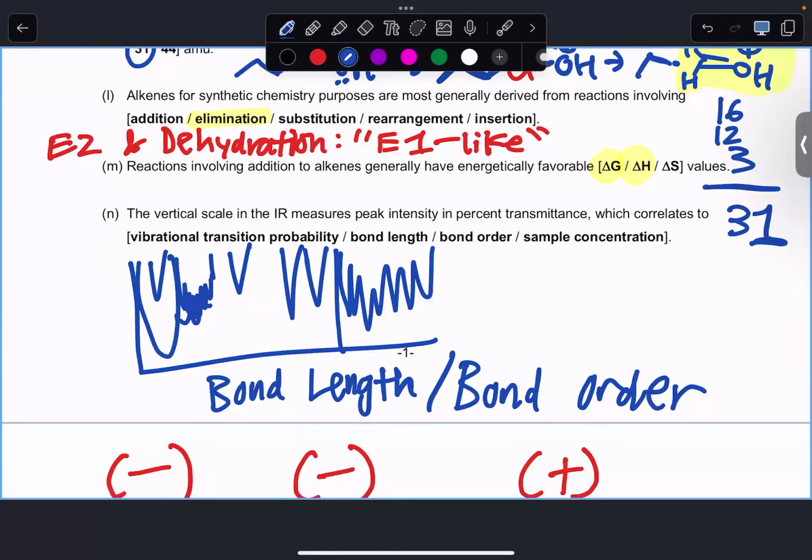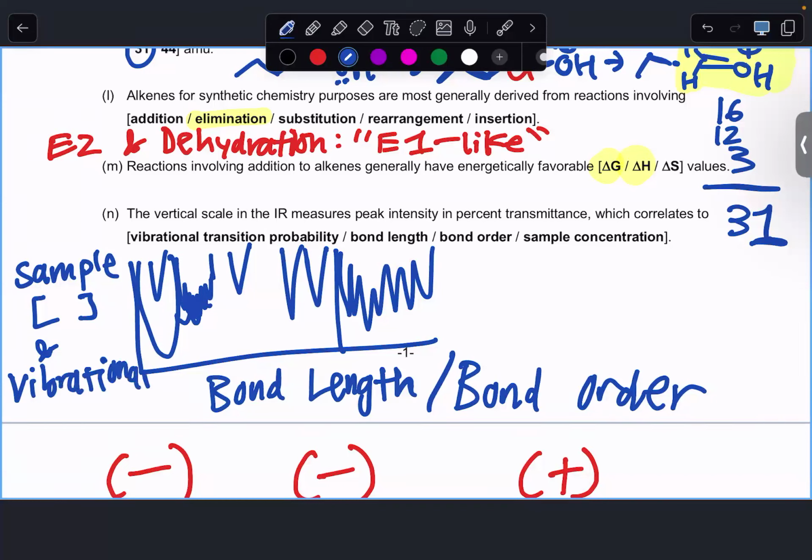The y-axis will represent the intensity, which depends on the sample concentration. Because the more sample concentration you have, the sharper the peak we could read. The more it could shine infrared light onto and vibrate the bonds. So also vibrational transition probability.